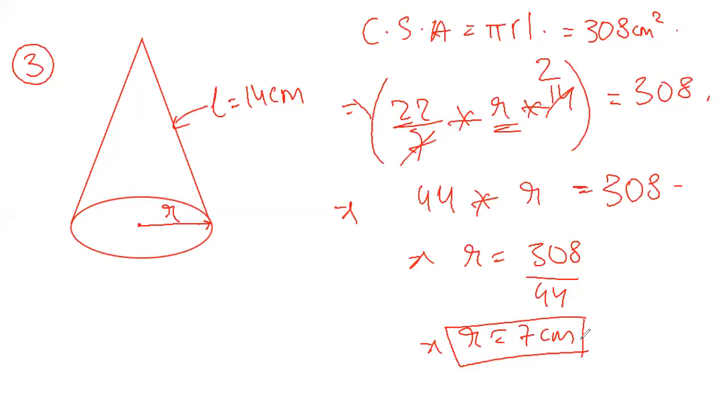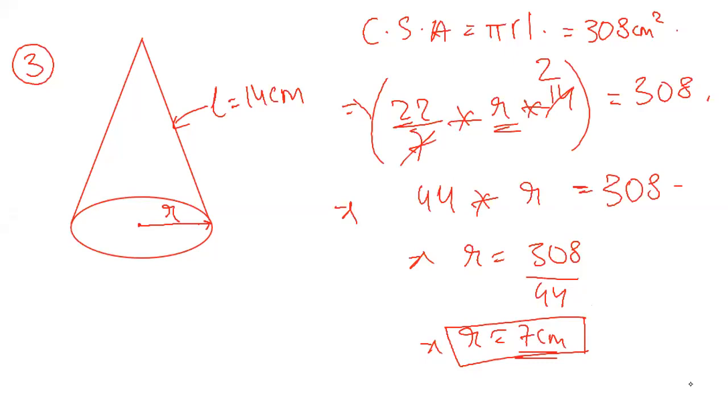In certain parts of the question, it will tell you to find curved surface area or total surface area. Oh, and one more thing, the unit will be centimeters, not meters. Pardon me. So it will be centimeter only. In this case, it is telling us to find the radius R. When it is telling us to find radius, please bear in mind the unit.